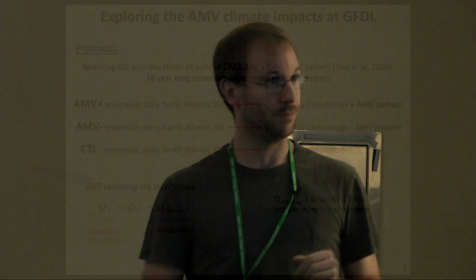Then we've got the IMV- experiment, which is the same as the IMV+ experiment but with a shift of the sign of the IMV. And because we expect that restoring the model to its climatology is going to change the mean state a bit, we did a control simulation where we just restore the model to its climatology.